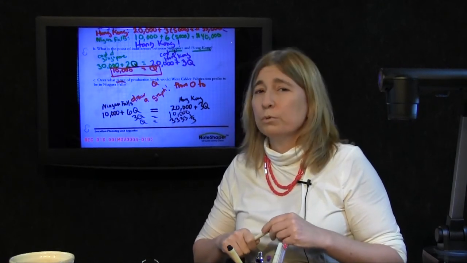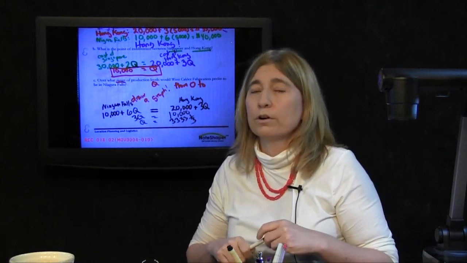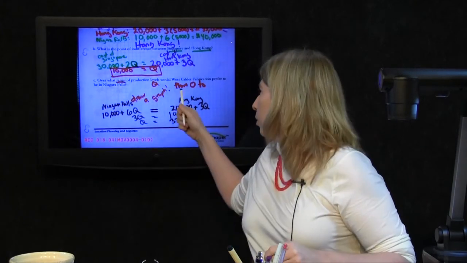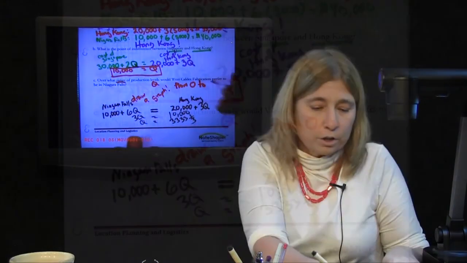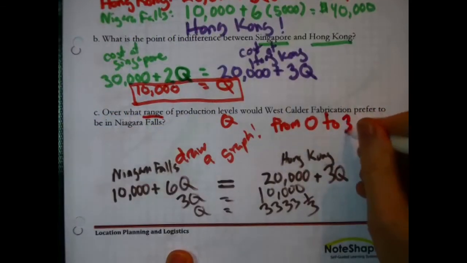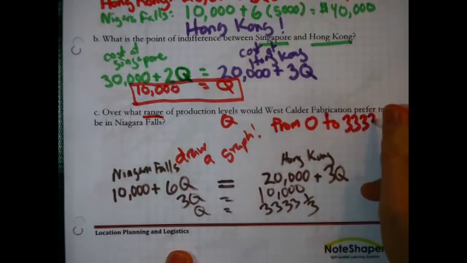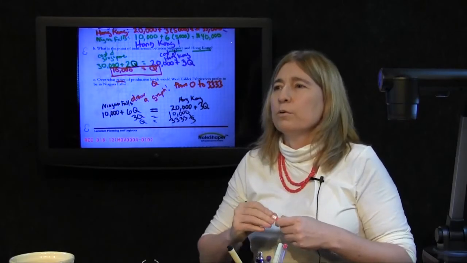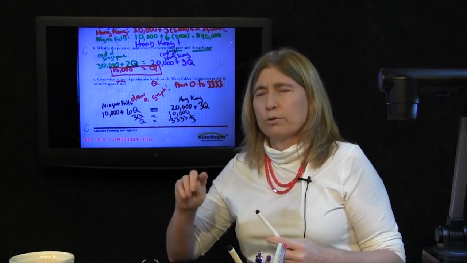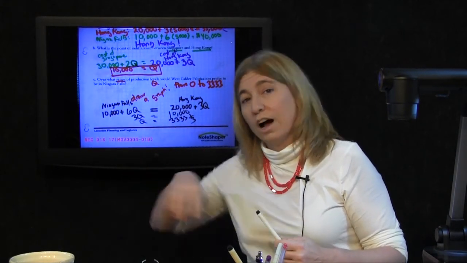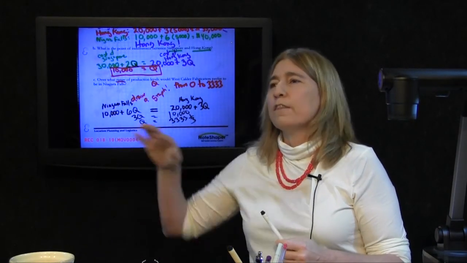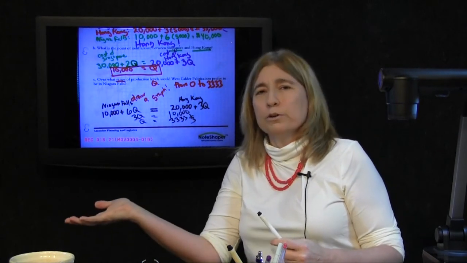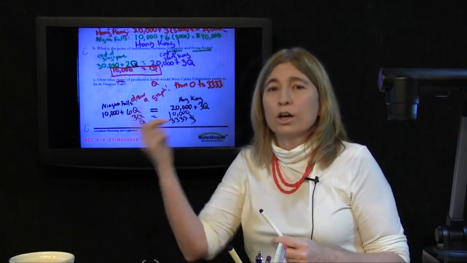A much more elegant way to respond to this question is, when would you strictly prefer Niagara Falls? Well, it would be from 0 to 3,333 even. Because if you were to bump it up to 3,334, the other side of that fraction, that's where you're tipping over into where you do prefer Hong Kong, not Niagara Falls.